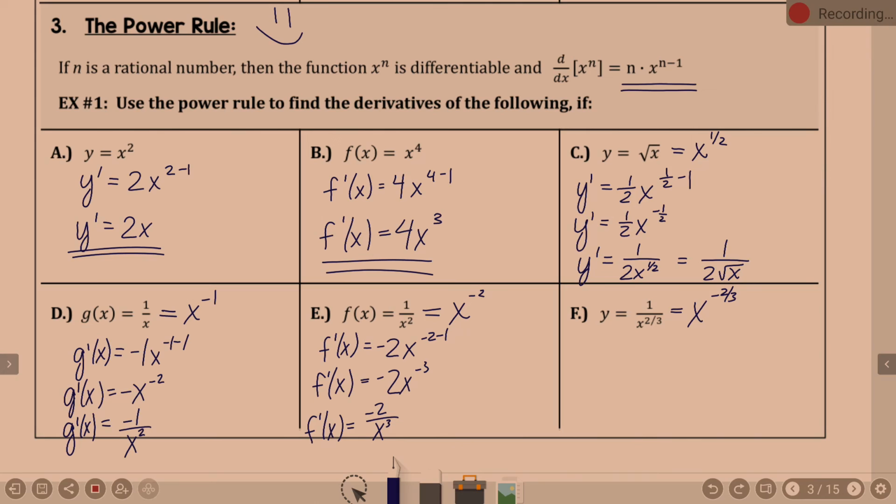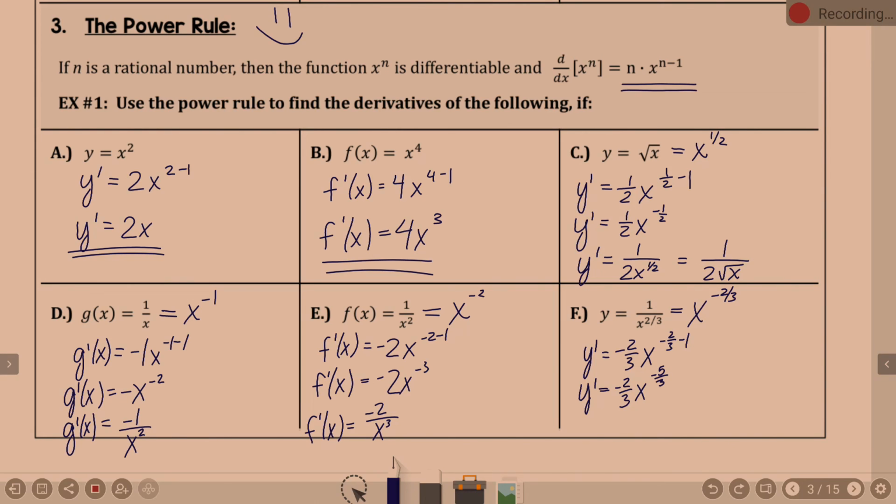So y prime, move the power out front, negative 2/3, x to the negative 2/3 minus 1. That has to be done without a calculator. Negative 2/3 minus 3/3 is negative 5/3.